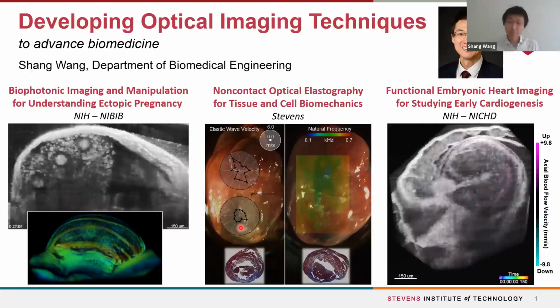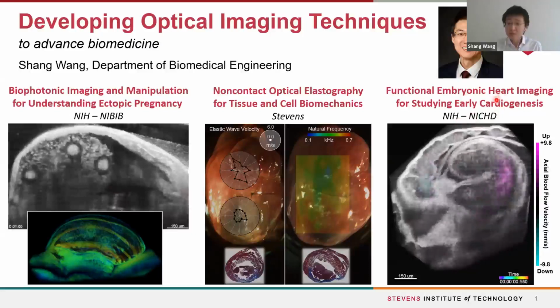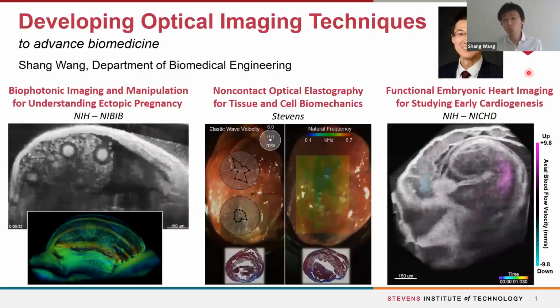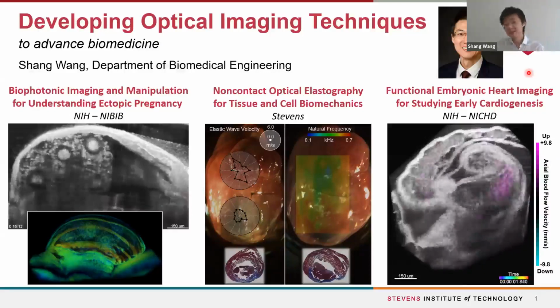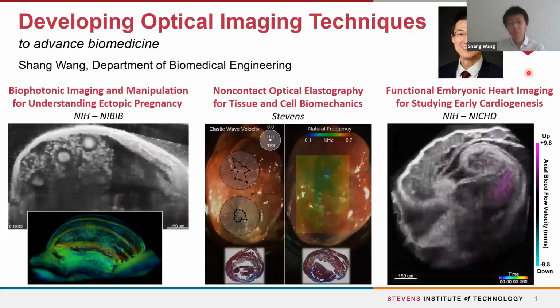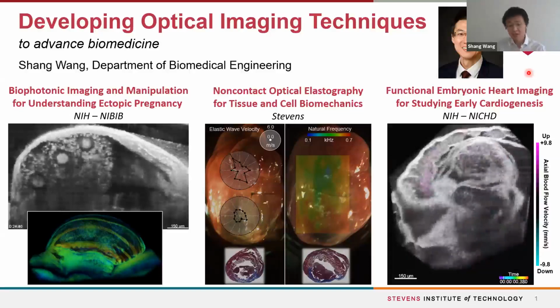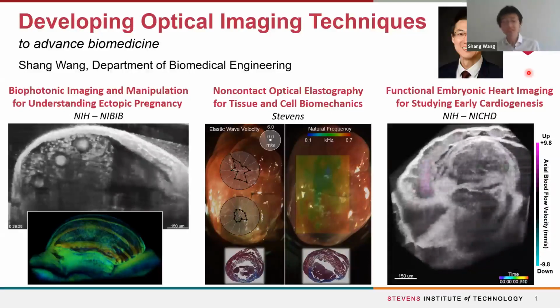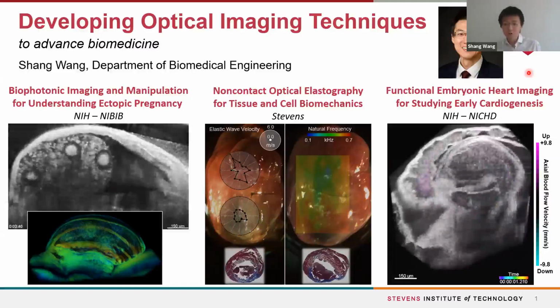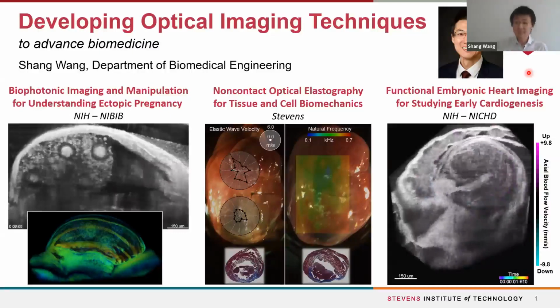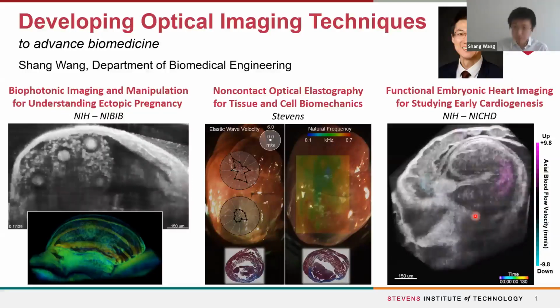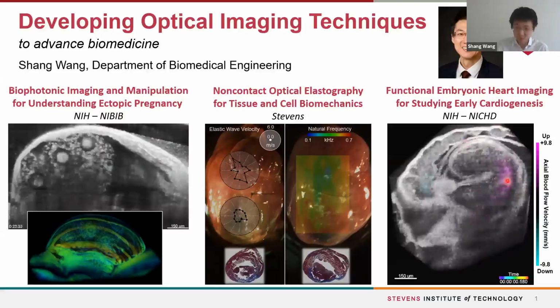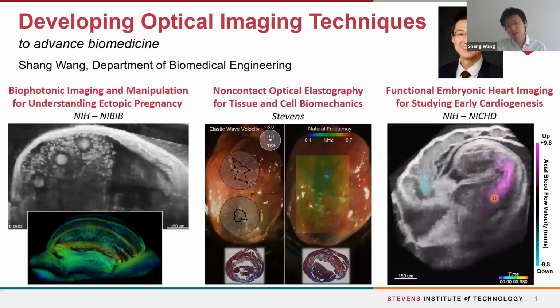In the third direction, we are collaborating with Irina's lab at Baylor College of Medicine to study the biomechanics of early mammalian cardiogenesis for better understanding of congenital heart defects, which are the most common birth defects. Specifically, my lab works on quantitative imaging of the hemodynamics shown here in the beating heart.